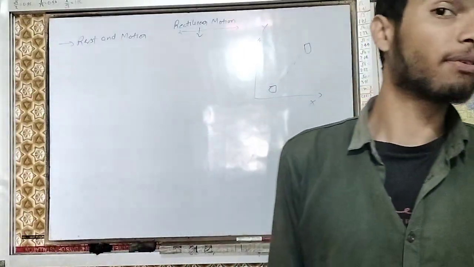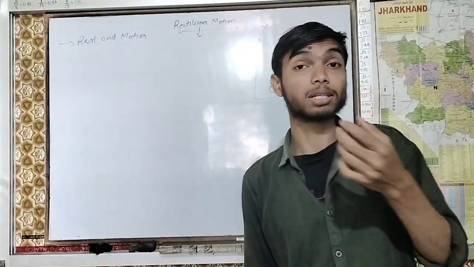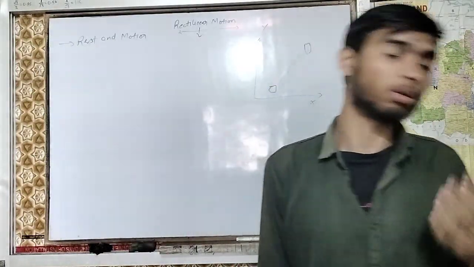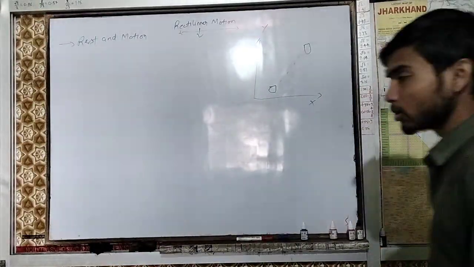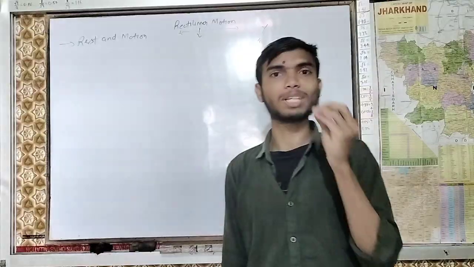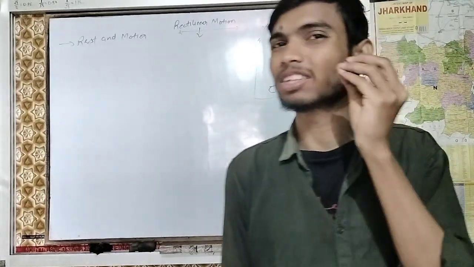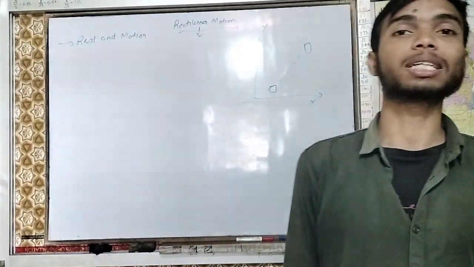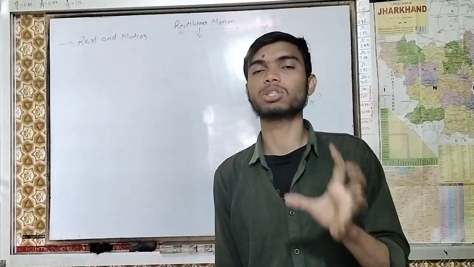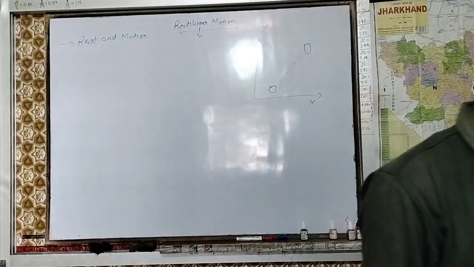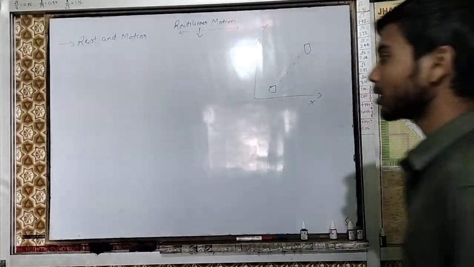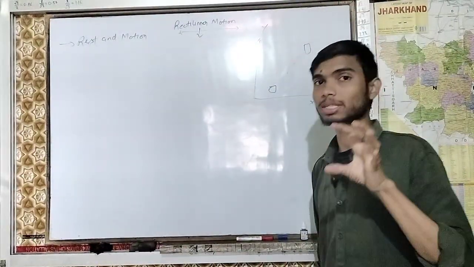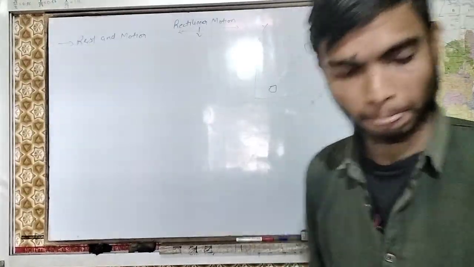But what is the standard definition of rest in this subject? Any object, whatever object you are taking, if that object is moving with time, changing its position with respect to time, then you can say this body is not at rest, because its position is changing.